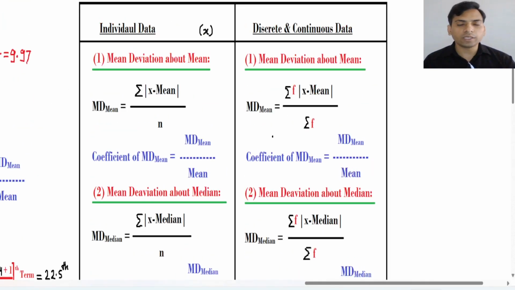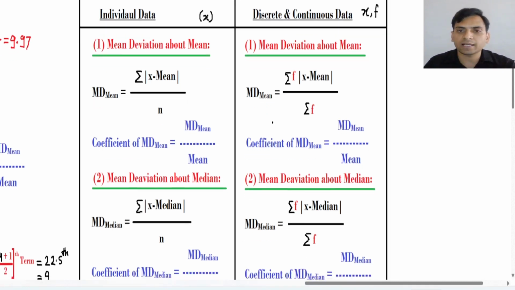So in both discrete and continuous data, you have x and f. To find mean deviation about mean, we replace modulus of x minus mean by f into modulus of x minus mean, and n by summation f, and all the rest of the things are the same.